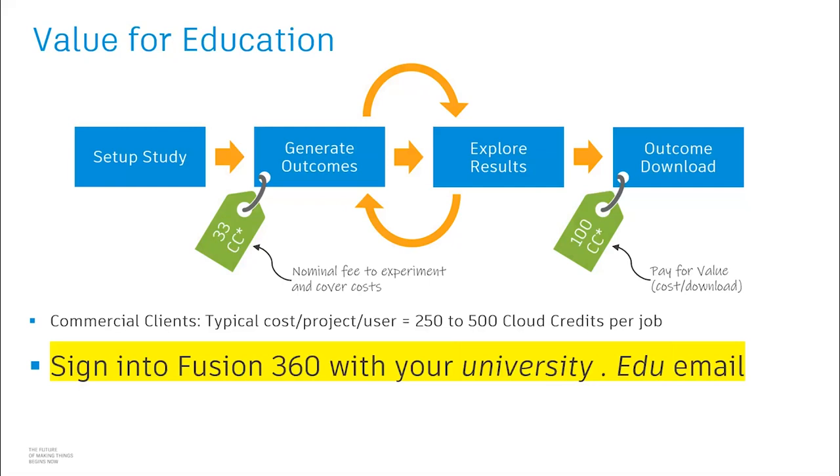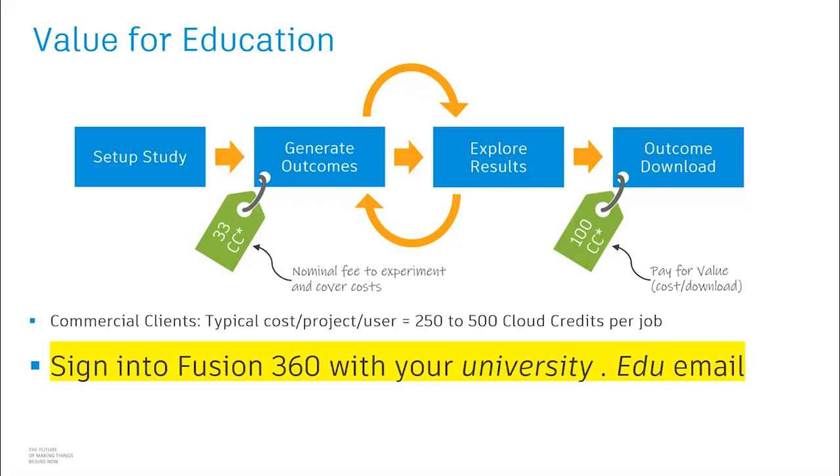When you start to create your designs with generative, it's going to ask you about cloud credits. A cloud credit is basically another way of saying $1. So one cloud credit equals $1. When you send these up, it's going to say 33 cloud credits. I just want to be clear, that is what our commercial clients are paying. When you're logging into Fusion with your education account, there is no exchange of money, right?